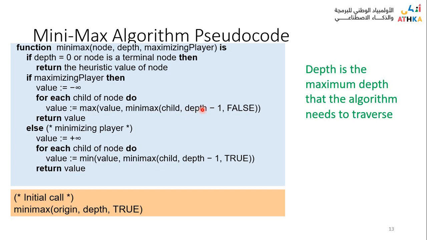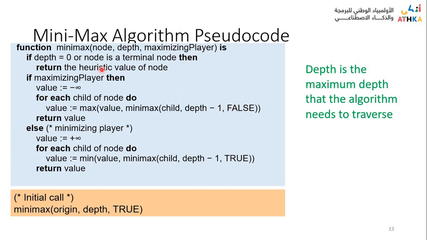So if you're looking for a depth of 3, you go and call this function, which is calling the same function. You're calling the minimax function basically over here with the child with 1 less depth, so it's a recursive function again, and you're making it false, so you are not the maximizer, you are the minimizer.